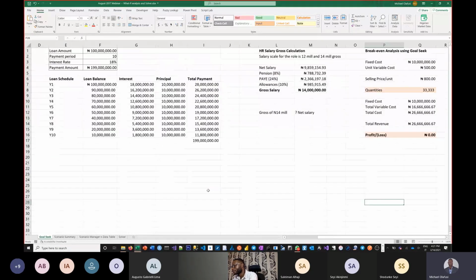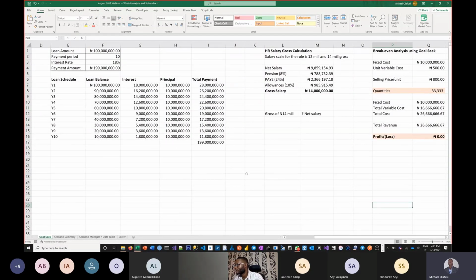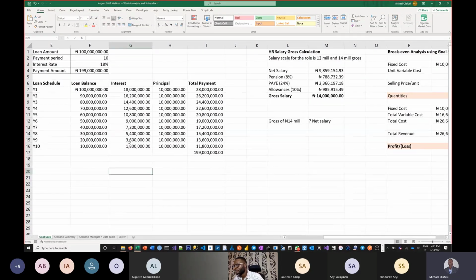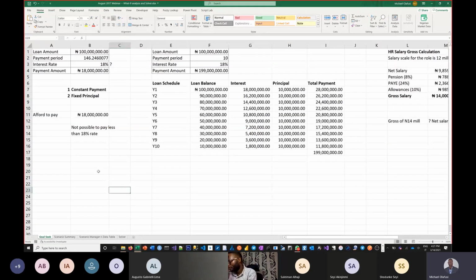And here I want to tell you about the planning tools that Excel already has. Think about it: when we talk about planning, there are things you need to factor in. Number one, we all plan for the future.